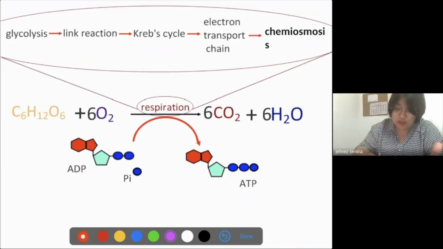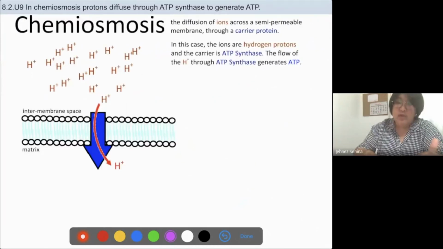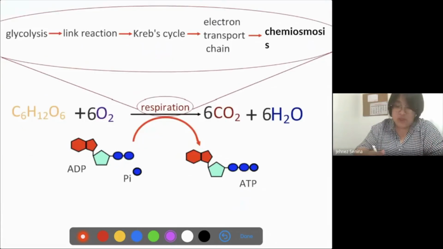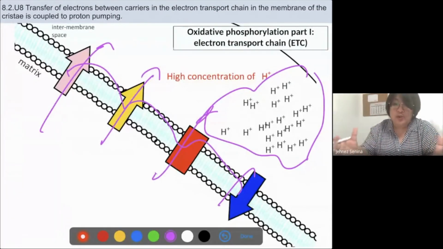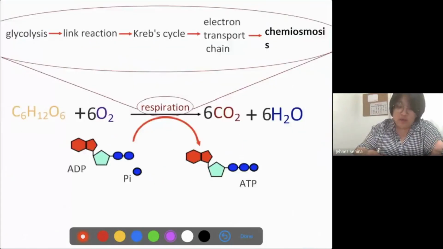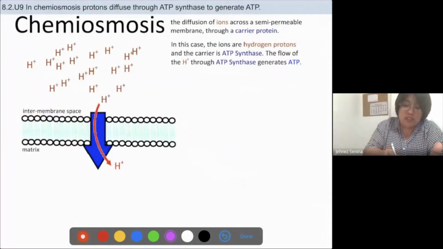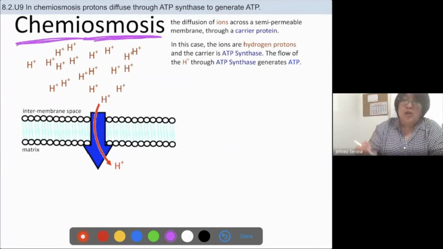Okay. So next is chemiosmosis. Electron transport chain, again, is just pumping of protons. Next is chemiosmosis. This is in your reading. Osmosis is diffusion from high concentration to low concentration. Chemi, or chemical, we're looking particularly at protons. So osmosis of protons.